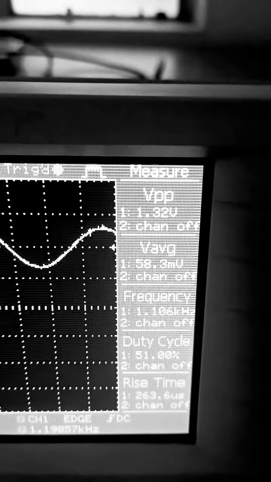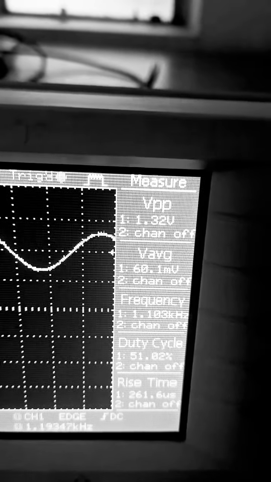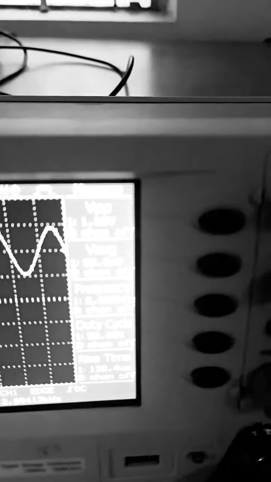So at first, you can note here at 1 kilohertz of frequency the output voltage is around 1.32 volts. I'll increase the frequency to a higher value, say 2 kilohertz. For 2 kilohertz the output voltage is around 1.84 volts.